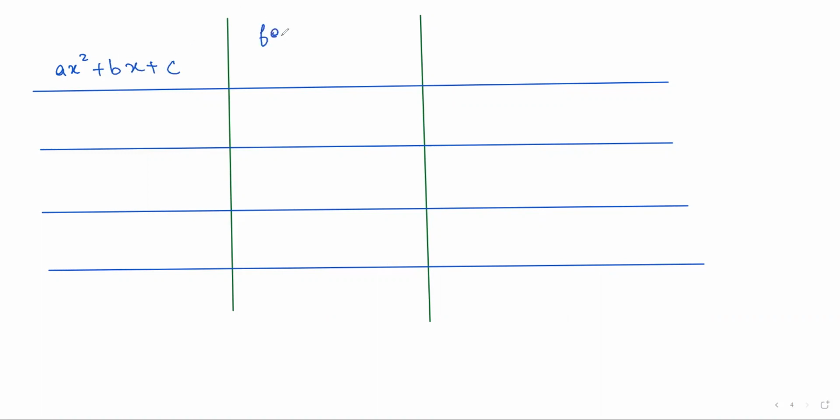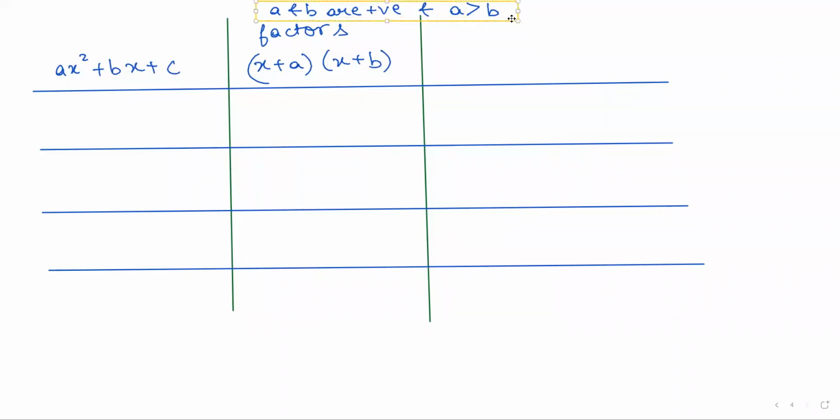Your factors will be something like x plus a into x plus b. This is what you'll get, considering a and b are both positive, and a is greater than b. These are the two assumptions for the roots of the polynomials that we're attaining.